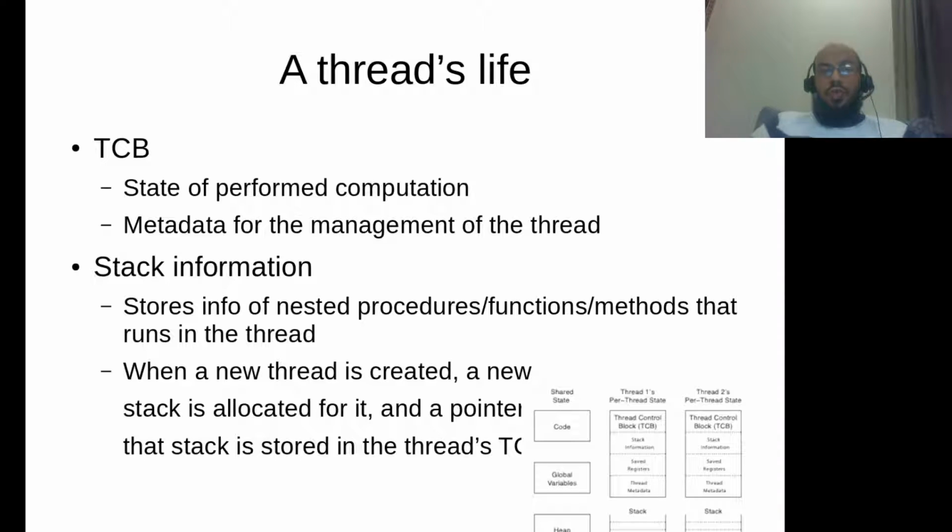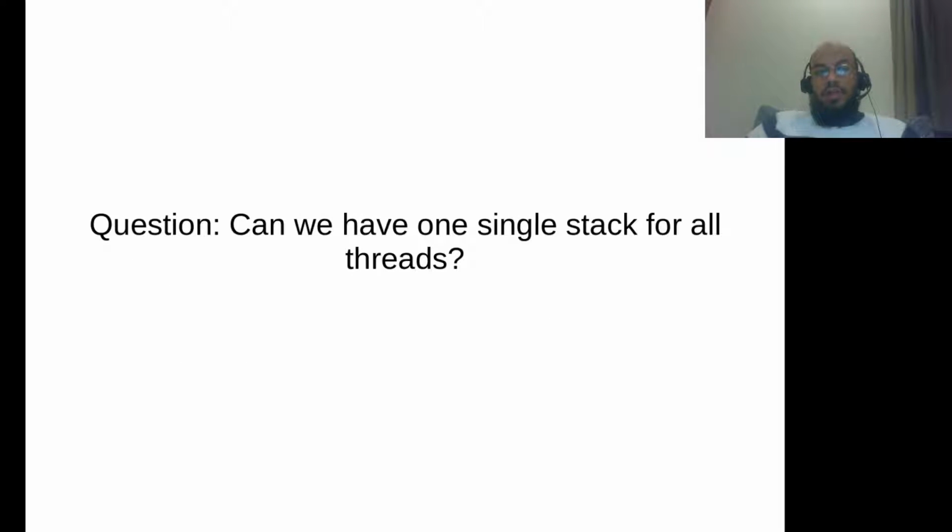And of course, the pointers to these are stored in the TCB, just like the case with the process control blocks. So, I have a question here. Do you think that we can have one single stack for all threads? Can we just have a single stack for all the threads if you have 1,000 threads running on your computer that are doing different things? Is it wise to have a single stack for all of them?